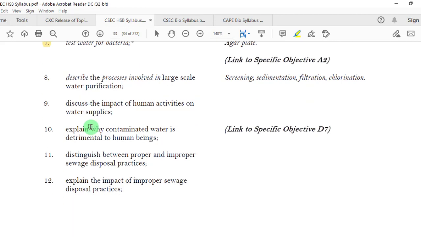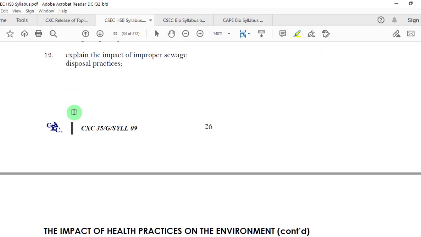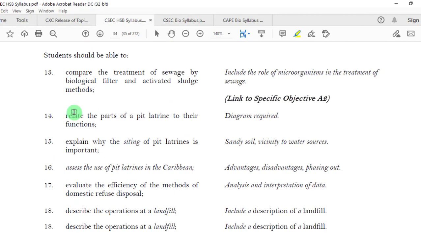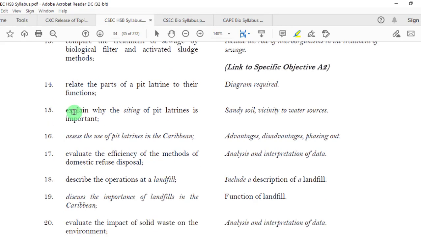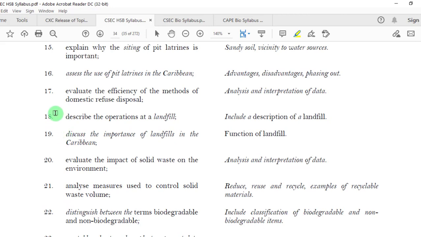That's one of the impacts. Water supplies, contaminated water, sewage disposal, all of that has an impact on infectious disease in a community, right? Pit latrine, very important. Landfill, not so much. Domestic refuse, not so much.